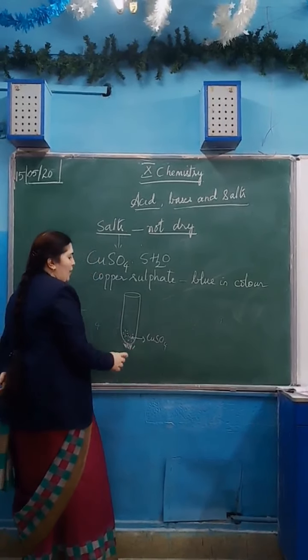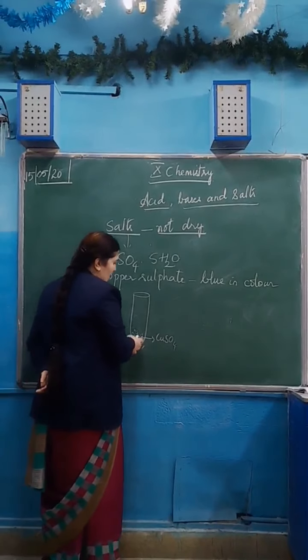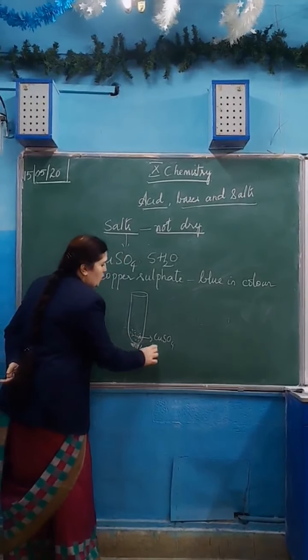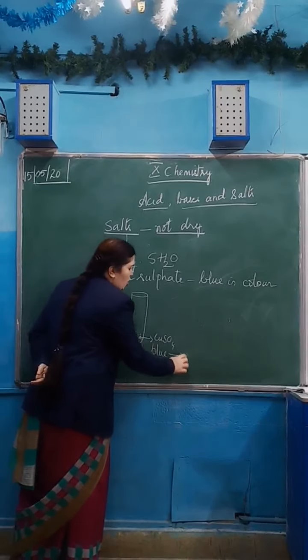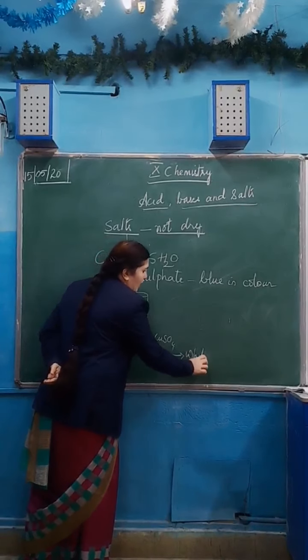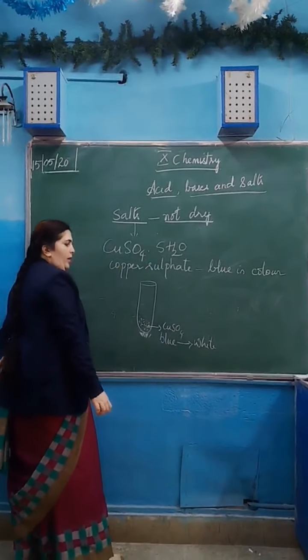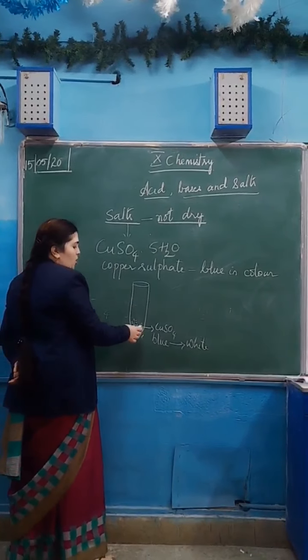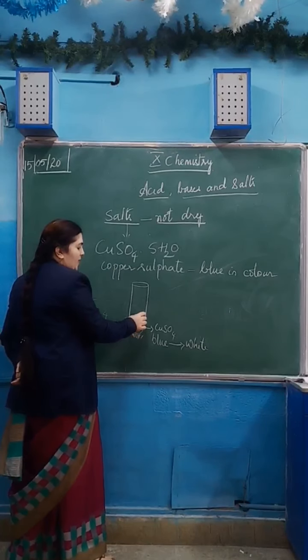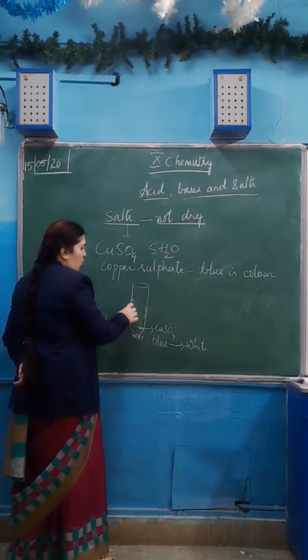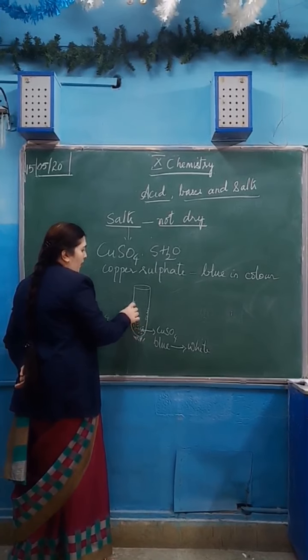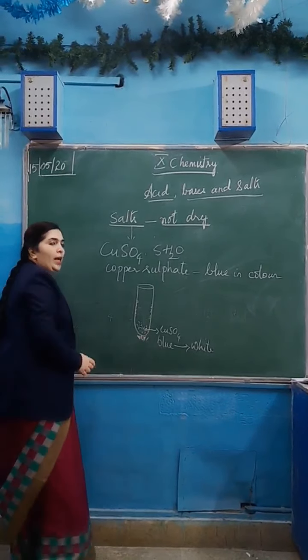So what will happen after some time? The blue color of the salt changes to white color. Why is it changing? Because whatever water is there is getting evaporated. You can see drops of water clinging to the inner side of the test tube.